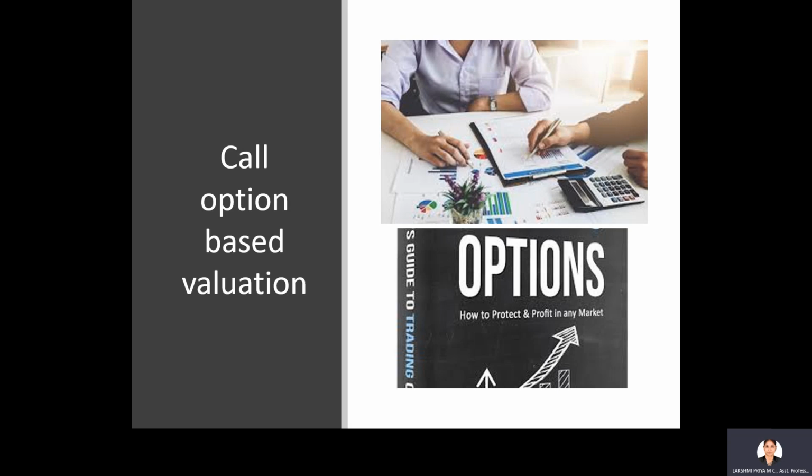Suppose your flat measures 2000 square feet and recently a flat in the neighborhood measuring 1500 square feet was sold for 45 lakh rupees at the rate of 3000 per square feet. You can put a value of 2000 into 3000, that is 60 lakh for your flat, as your flat measures 2000 square feet. So that is what is called relative valuation.